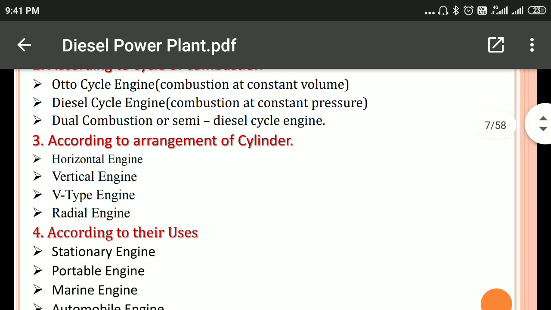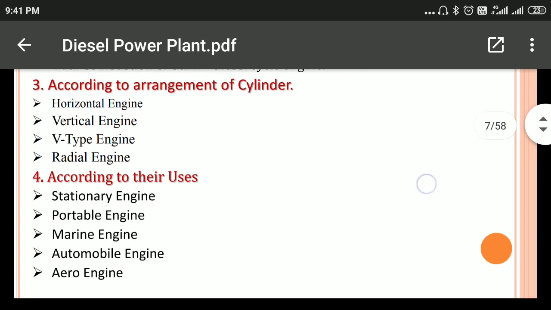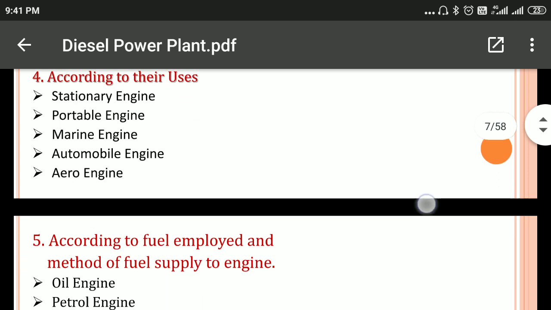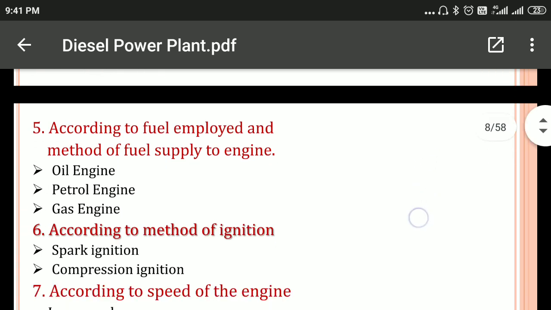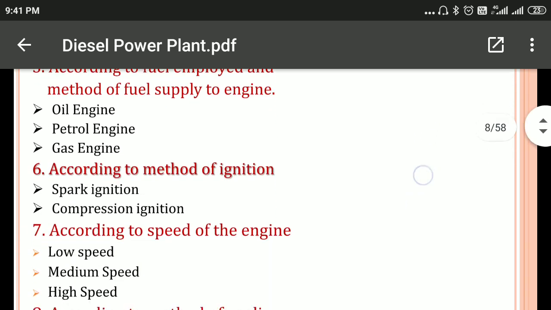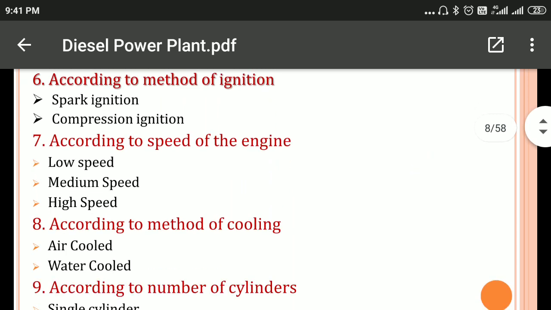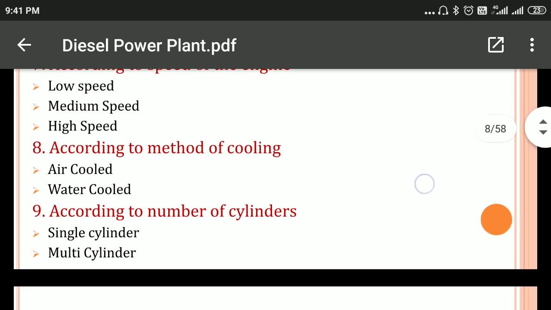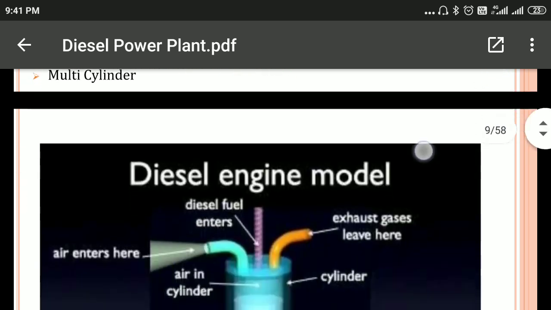The arrangement of cylinders depends on the type. It uses diesel as fuel. It can be low speed, medium speed, or high speed, air cooled or water cooled, single cylinder or multi cylinder.